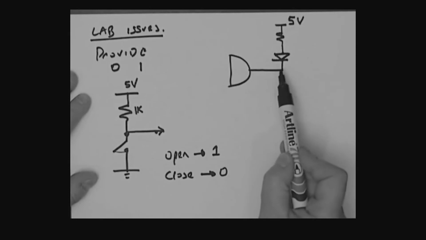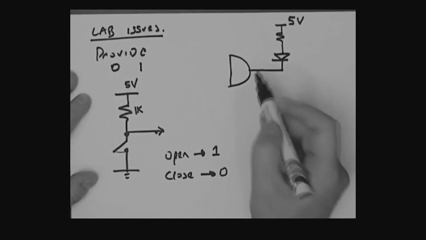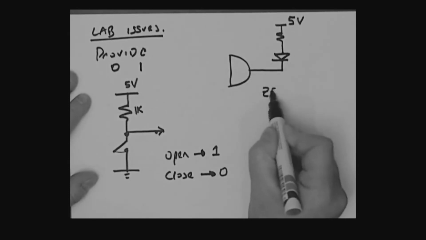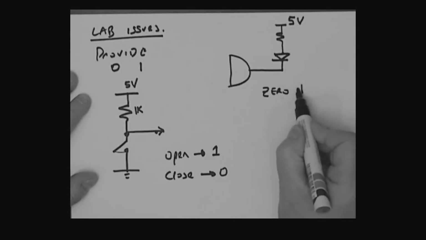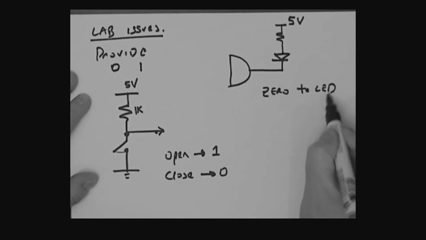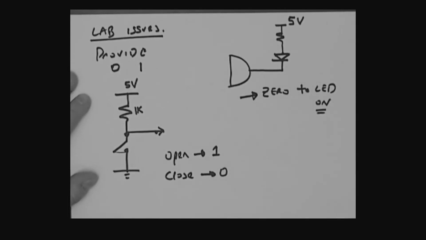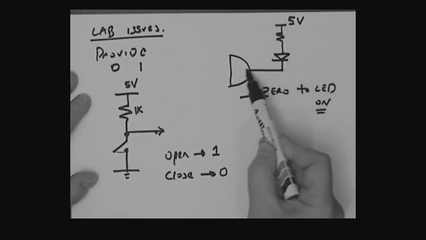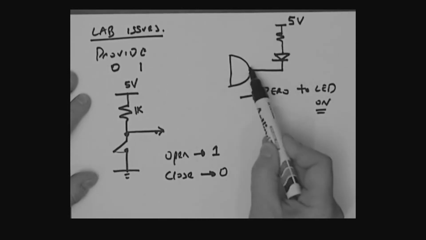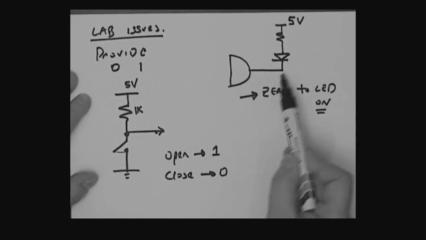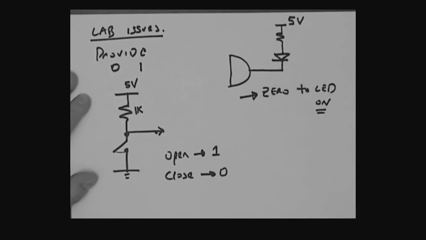Now, the only thing with this, of course, is that basically a logic level 0 is going to turn the LED on. Okay, so the LED turns on with a 0, not a 1, when you configure it in this case. And the current is actually sinking through the gate rather than the gate having to actually supply that current.